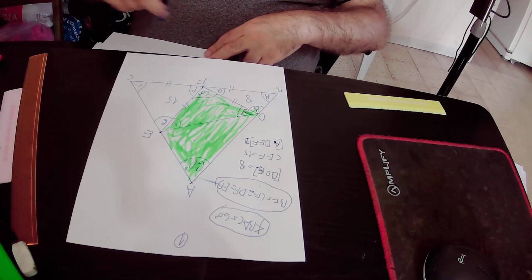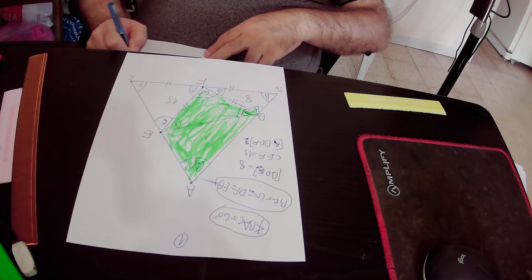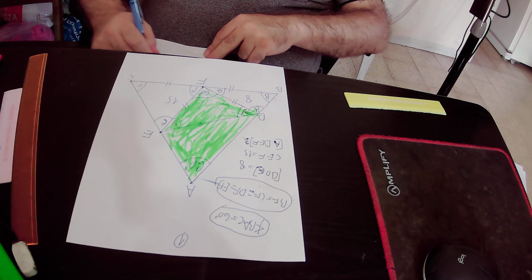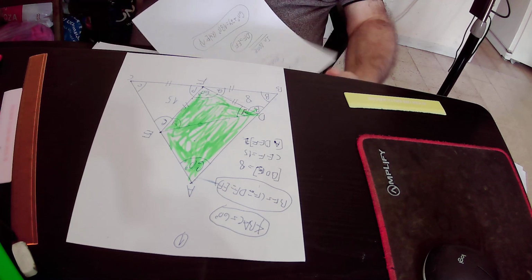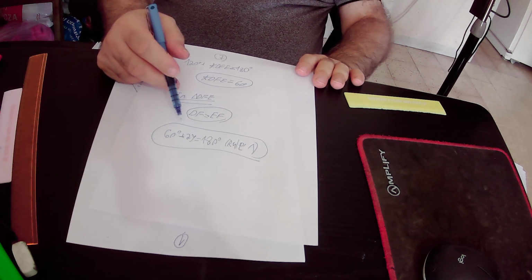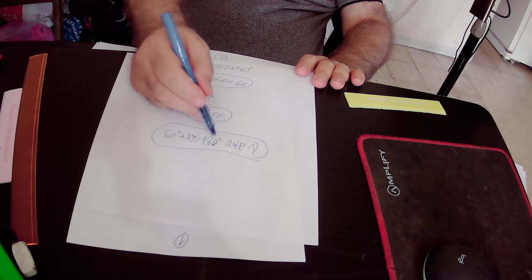That is to say 60 degrees plus angle Y plus angle Y, or plus 2Y, must be equal to 180 degrees according to rule number 1. Okay. In triangle DFE, according to rule number 1, 60 degrees plus 2y must be equal to 180 degrees.